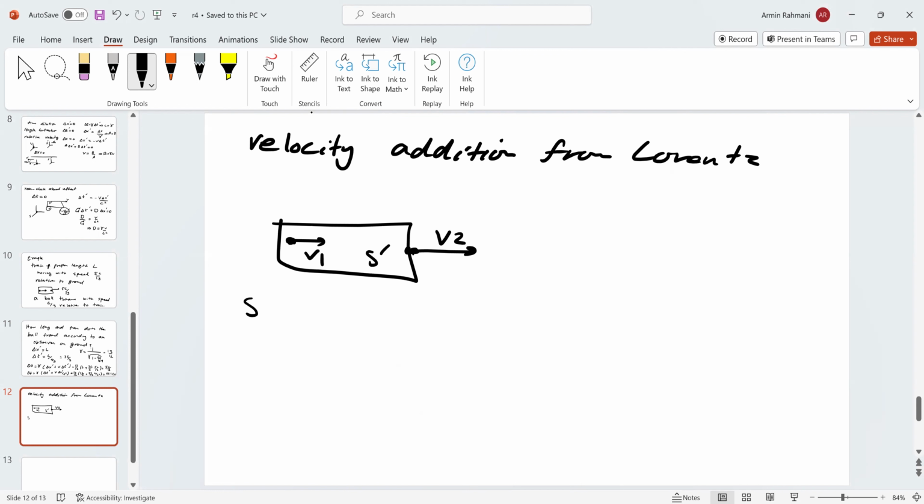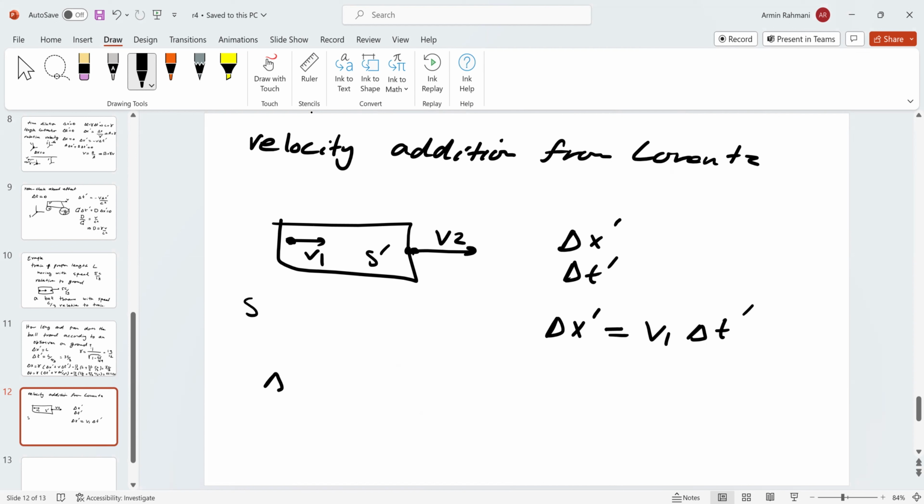Okay, so let's take, again, two events, maybe this object starting from one end, reaching the other end, and those two events take a displacement delta X prime and a time delta T prime, and if the velocity relative to S prime is v1, we can write delta X prime is v1 delta T prime.